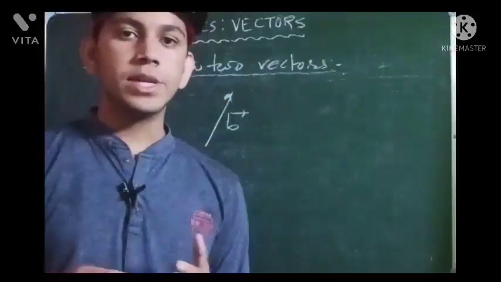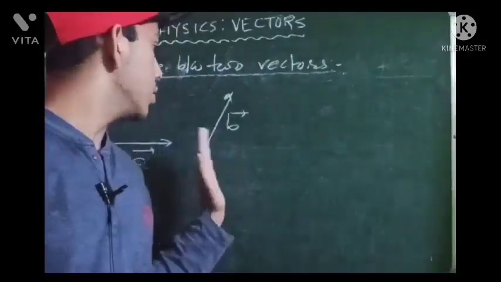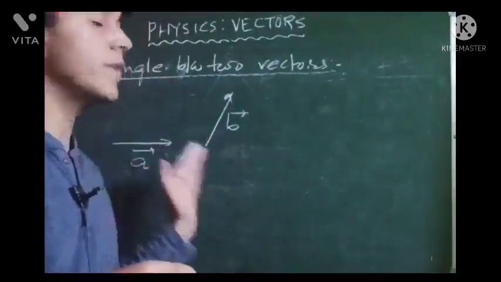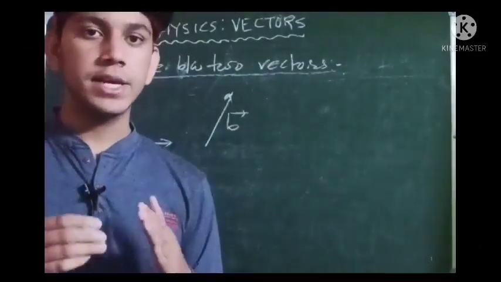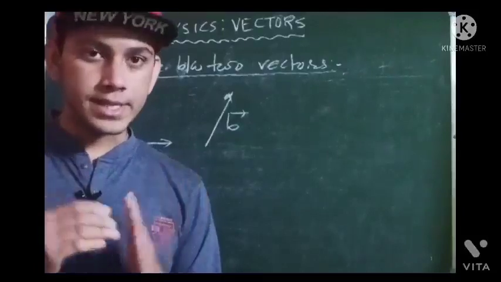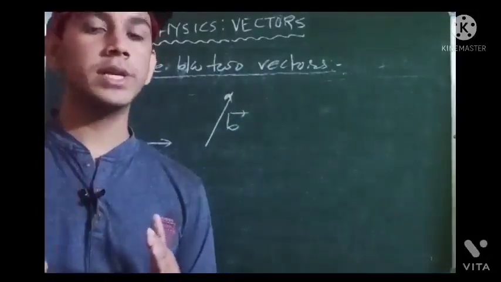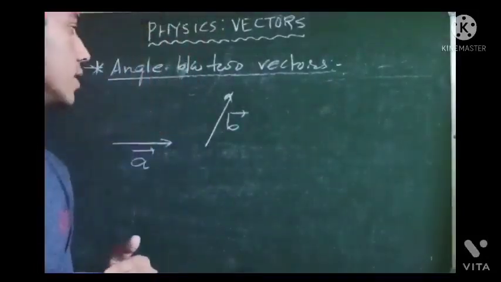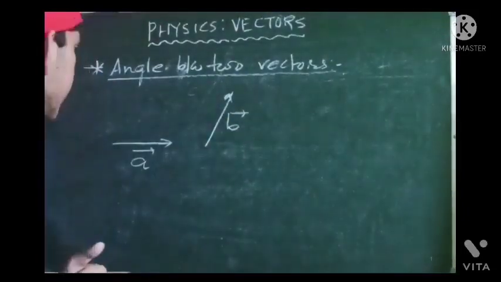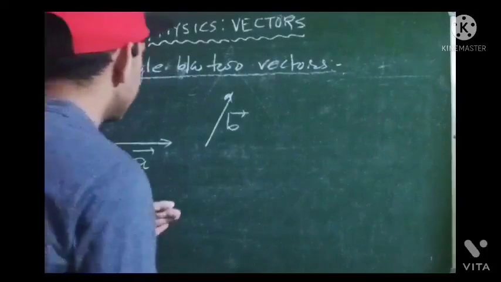Now, geometrically, to find the angle between two vectors A vector and B vector, we have to place the two vectors in such a way that the tails of the two vectors coincide, and measure the smallest angle between them. The smallest angle will be the angle between the two vectors.